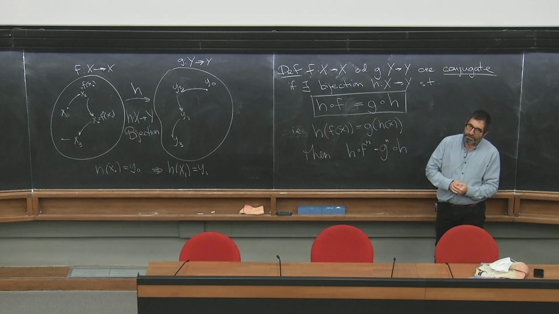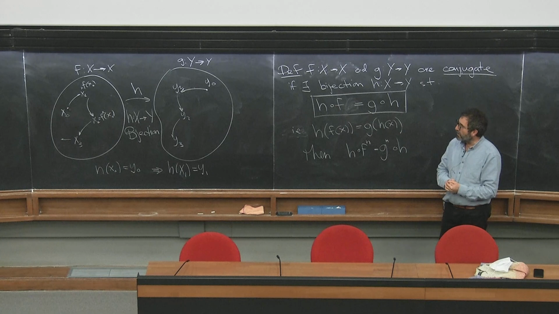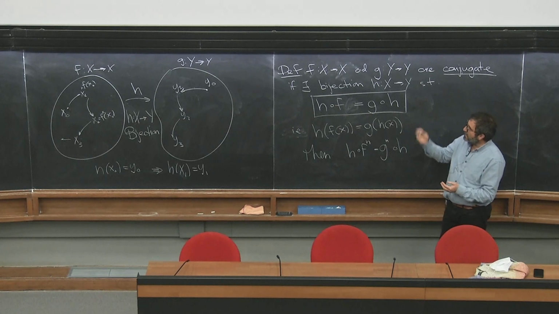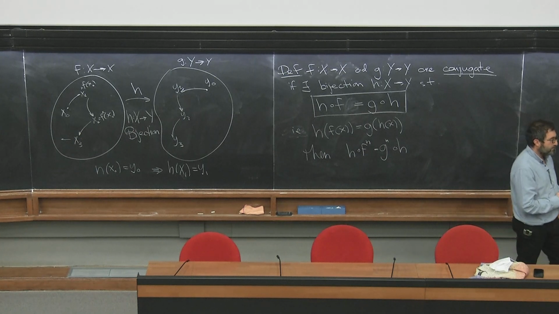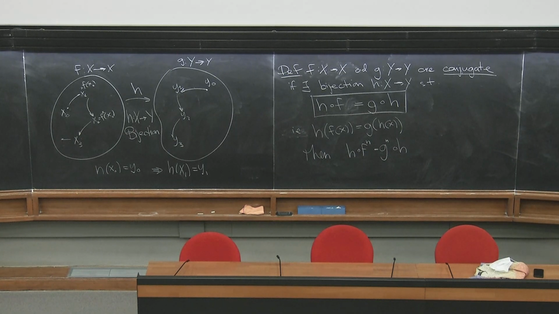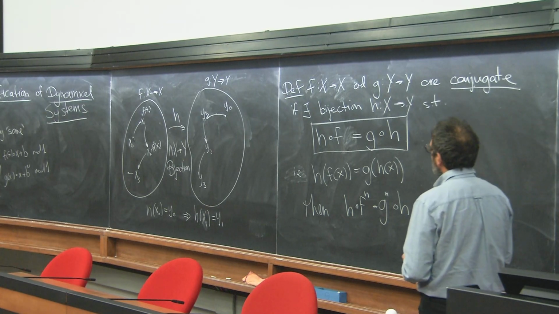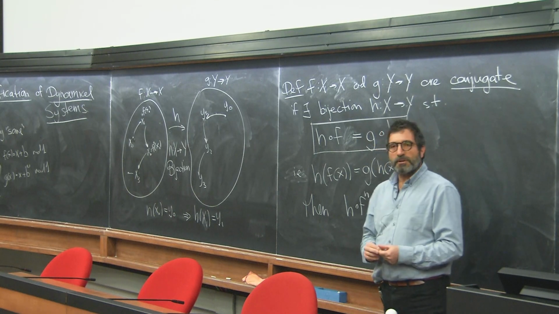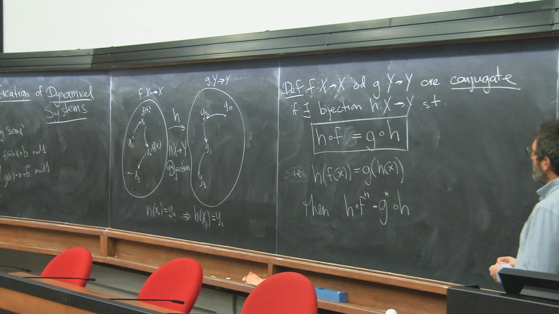Okay, so what are the other things that we're interested in dynamical systems? So this conjugacy maps orbits to orbits, but how do we describe, in the examples we've looked at, we have sometimes looked at certain properties of orbits, right?